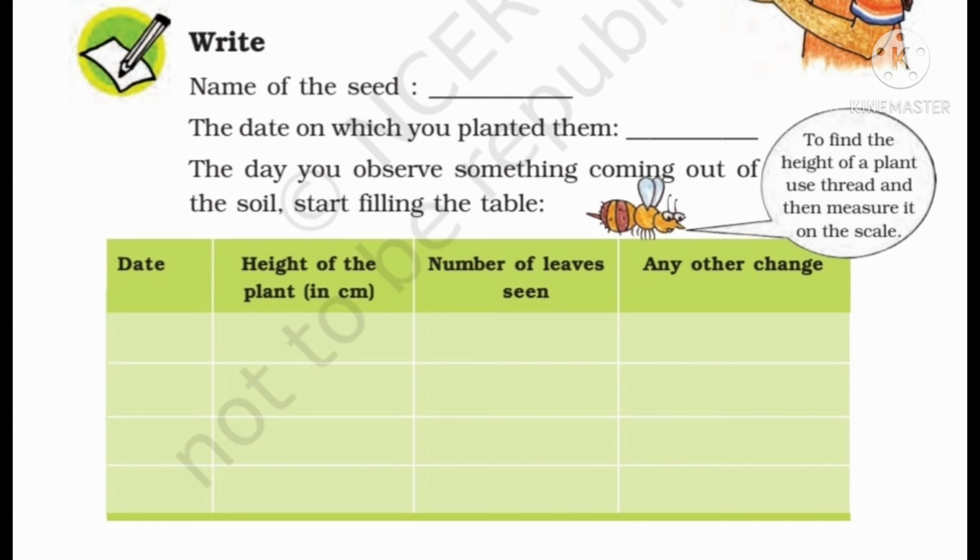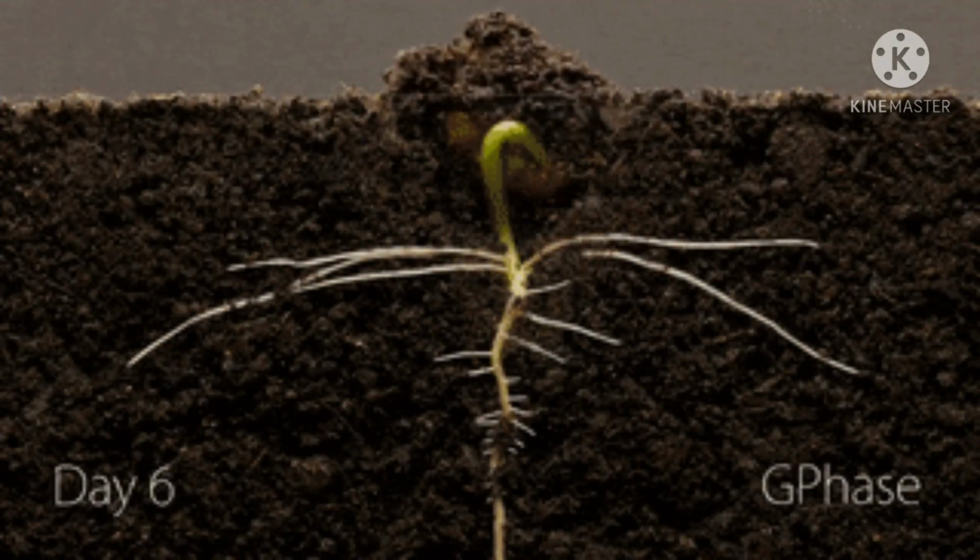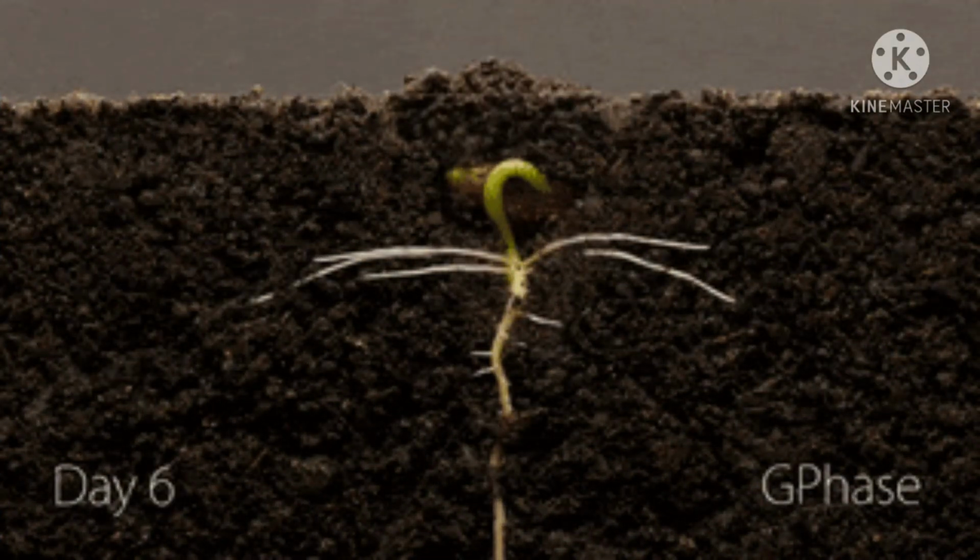You can measure that with a scale, number of leaves seen, and any other change that you observe. So make the following observations for the activity and fill them up in the following table.